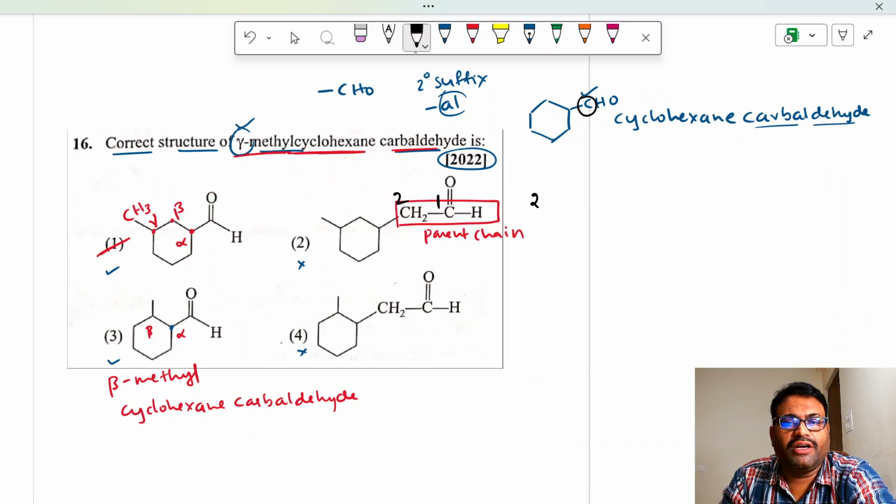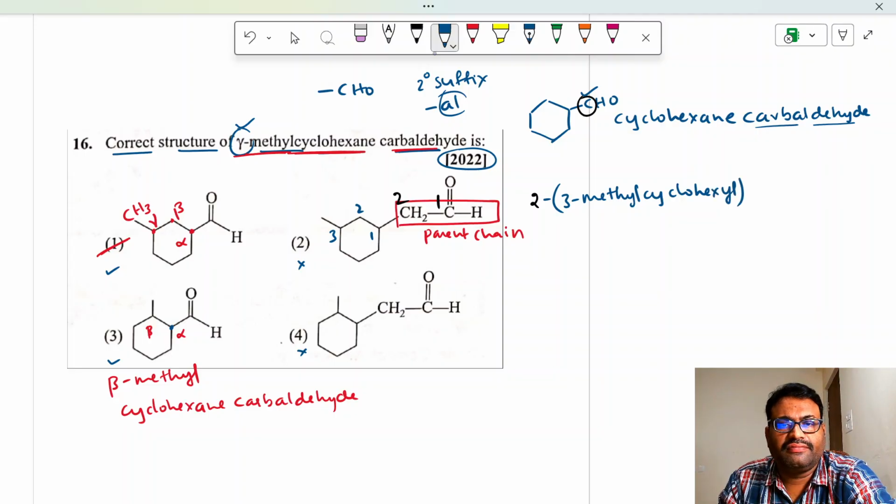So it will become 1, 2, 3. At the second carbon atom you have a bracket, because again it is a side branch, 3-methyl cyclohexyl. 2 carbons are there in the parent chain, ethanol. So this will be the IUPAC name of the second structure, second option.